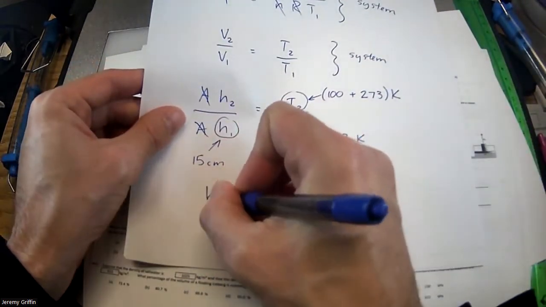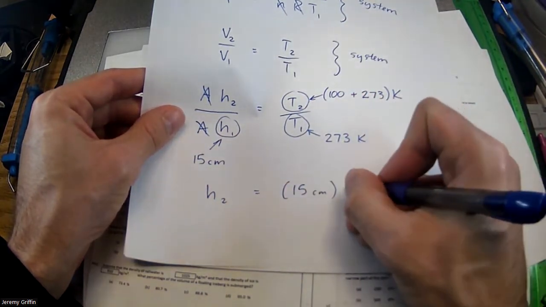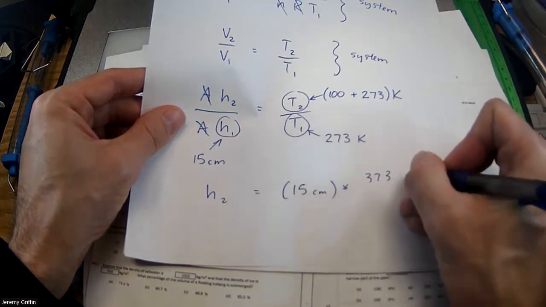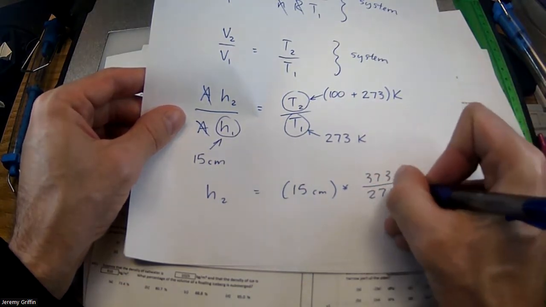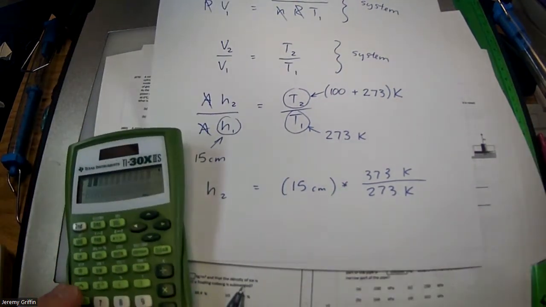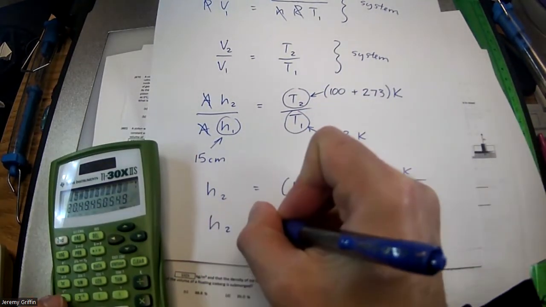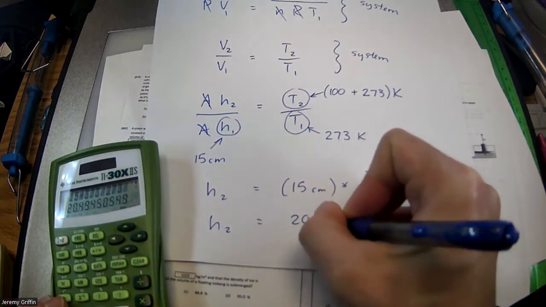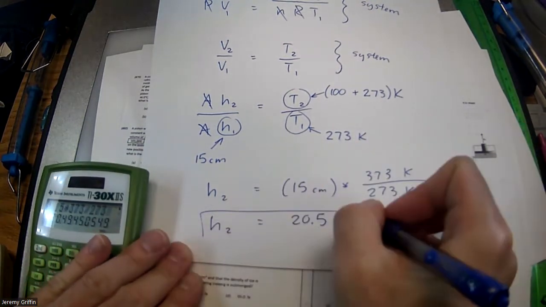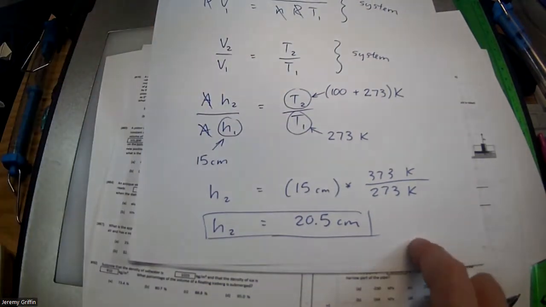So my height 2 is going to be my height 1, I've got a number for that, so just go ahead and plug that in here, times 373 Kelvin compared to 273 Kelvin. The Kelvin units cancel. All right, and there it is. There's my second height, and that is an answer choice, so I am good with that.